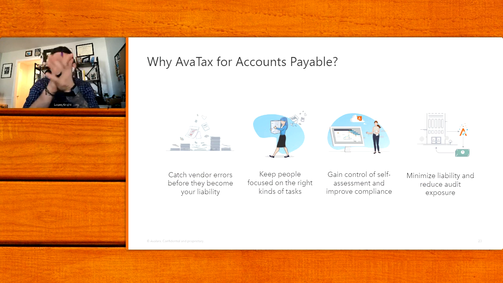Right. So when talking about accounts payable, there's a number of reasons that we felt we really needed to get ahead of this, and this needed to be a core functionality here with AvaTax, coinciding with all of our connectors. So a big one is we want to be able to catch errors right when they're seen. We don't want to have to catch them later. We also want to keep people doing the things that they need to do and not bogging them down with additional tasks that take them away from their productivity.